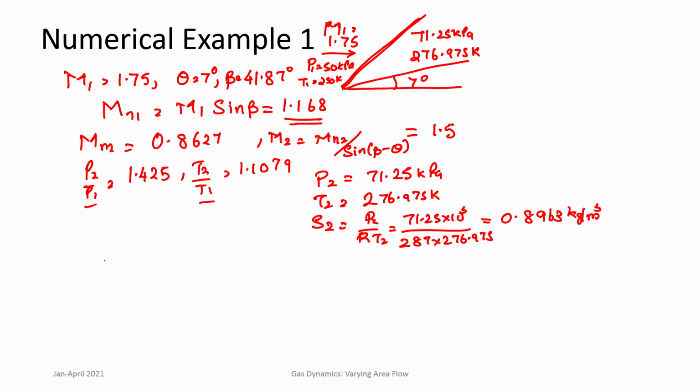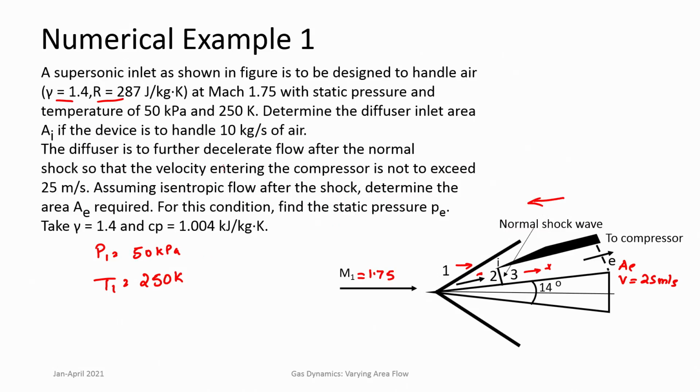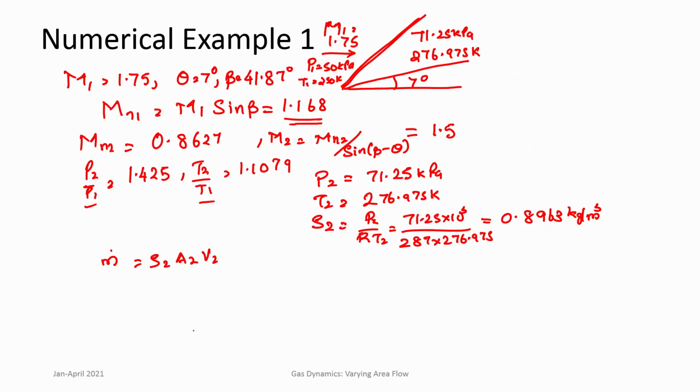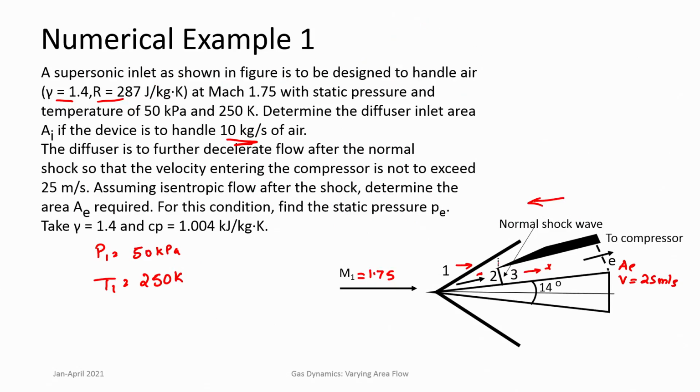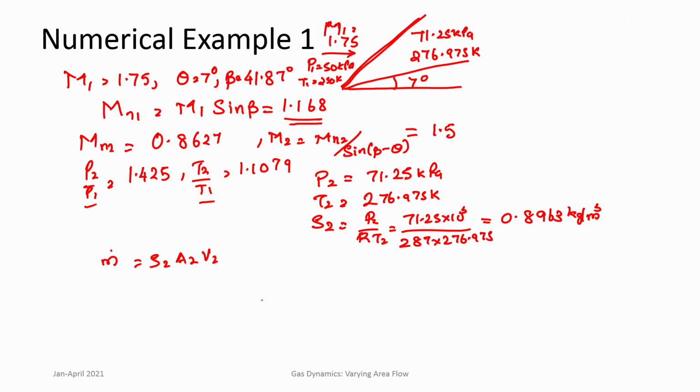Now we need to find the mass flow rate. M dot is rho 2 A2 V2. M dot is given: it has to support 10 kilogram per second of air. We need to find the area of the intake. Now we know properties in region 2, that is, what is entering the intake.